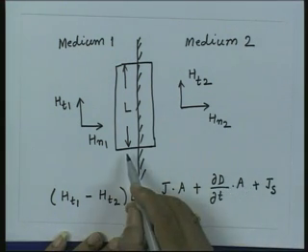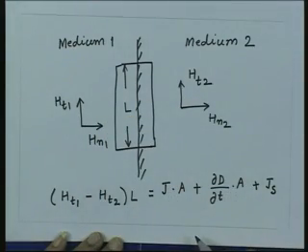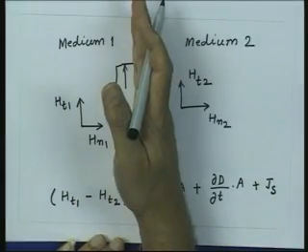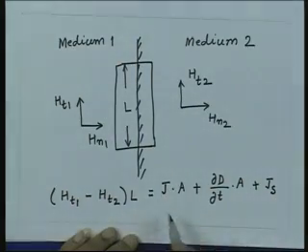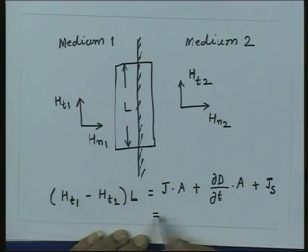So, in the limit when the size of the loop goes to 0, both these quantities will go to 0. However, this quantity will not go to 0 because it is a surface quantity. So, in the limit when A tends to 0, this will be equal to only the surface current density Js.